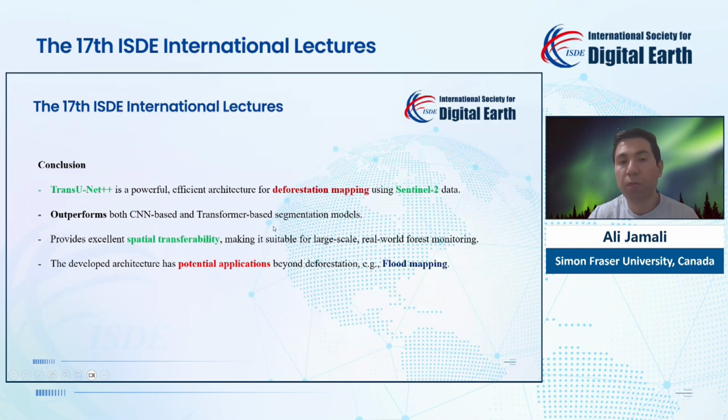So the model is a powerful and efficient architecture for deforestation mapping using Sentinel-2. It outperforms CNN-based and transformer-based segmentation models. It showed excellent spatial transferability, which is suitable for large scale, real world forest monitoring.